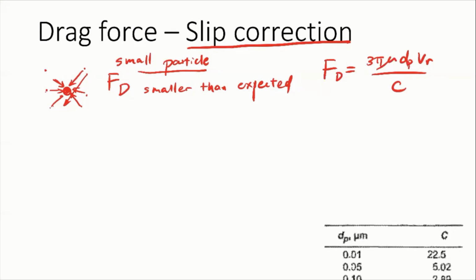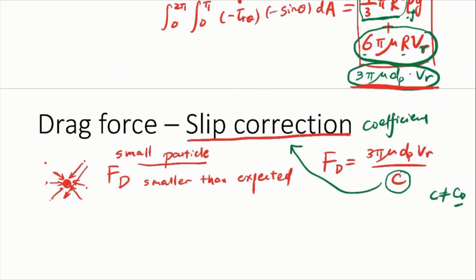Pay attention that this C term here is called the slip correction coefficient. So this C is not equal to CD. The CD we introduced earlier, that's the drag coefficient.